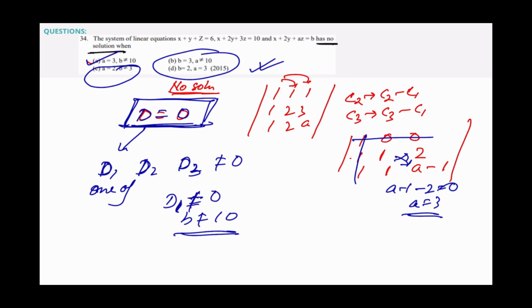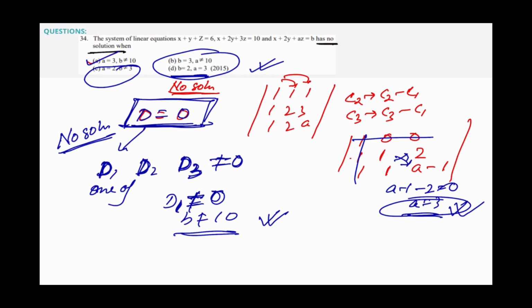From there only we can get B not equal to 10. But since the option given is A equal to 3 only, we don't have to check anything else. If we had another option here, like B equal to 2, A equal to 3, then you would have to check that B should not be equal to 10. Check with D1, D2, D3 not equal to 0. Okay, clear? So this is the condition for no solution.